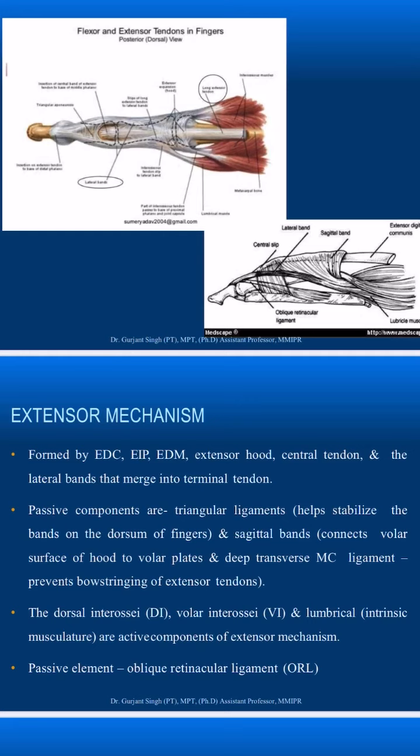The extensor digitorum communis, interossei and lumbrical muscles are all capable of producing some tension in the central tendon, lateral bands and terminal tendon that contributes some extensor force at the PIP and DIP joints.